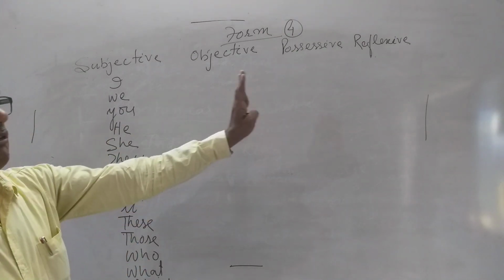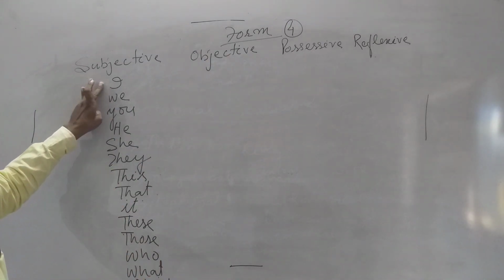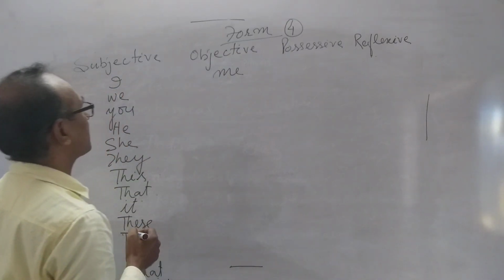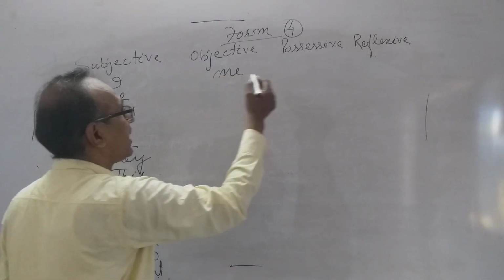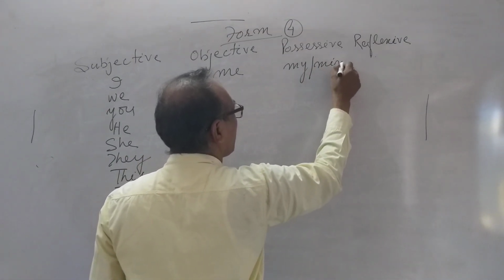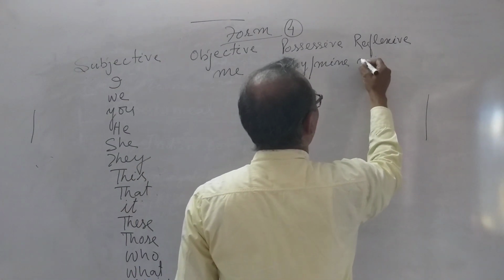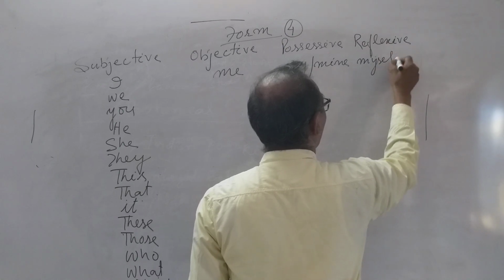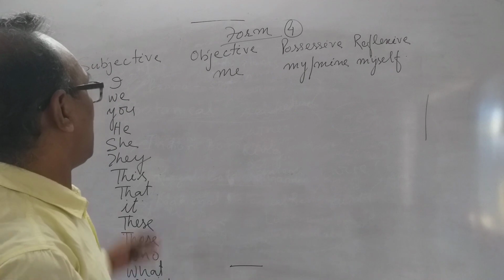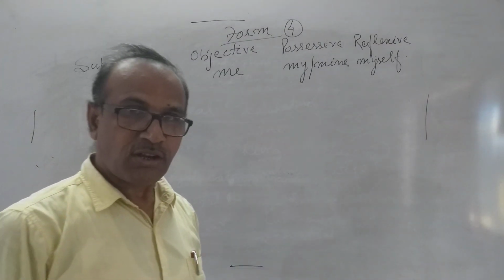Those have all four forms. So the objective form of I is me. The possessive form of I is mine. The reflexive form of I is myself. You have read these things in your lower classes, is it not?